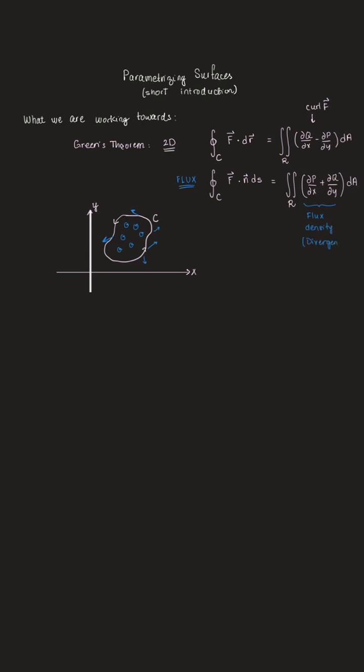Okay, what we want to do next, which will be the realm of Stokes' theorem and the divergence theorem, is lift all of this to space, R3. And to do that, for Stokes, for example, we're going to take a curve in space, in R3.